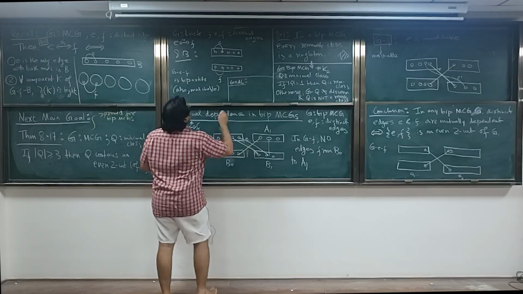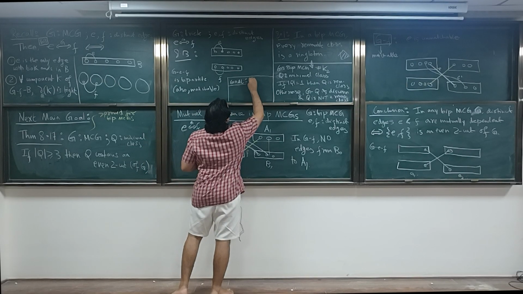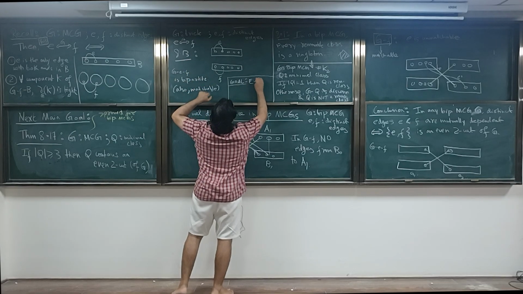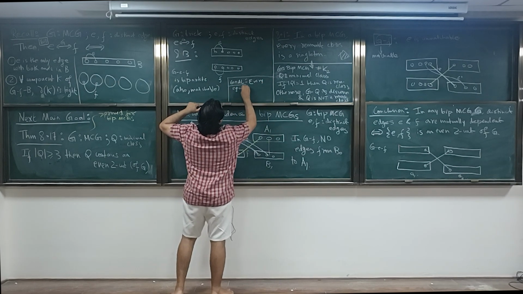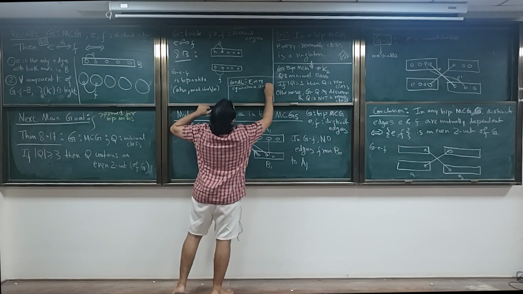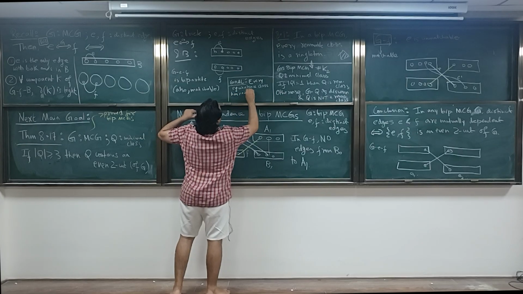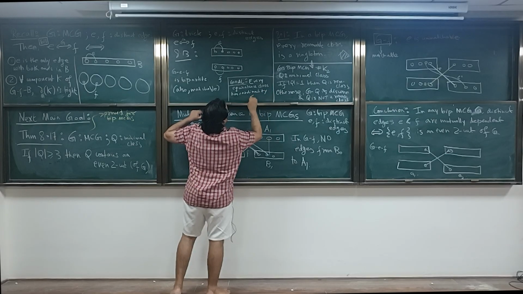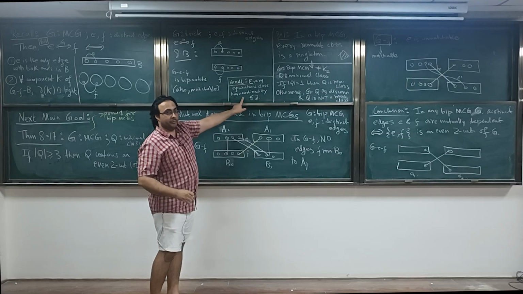What we will prove is that in a brick, so G is a brick, every equivalence class has cardinality at most 2. Okay, this is what we are going to prove.